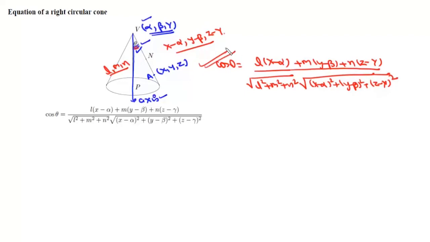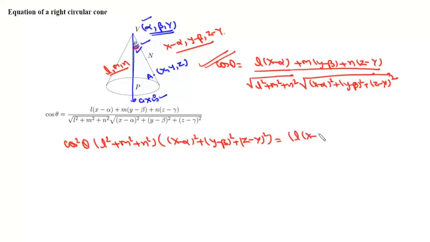So if we square it, we can write this as cos square theta into (L square plus M square plus N square) into ((x minus alpha) square, (y minus beta) square and (z minus gamma) square), equal to (L(x minus alpha) plus M(y minus beta) plus N(z minus gamma)) whole square, and this is the equation we are looking for.